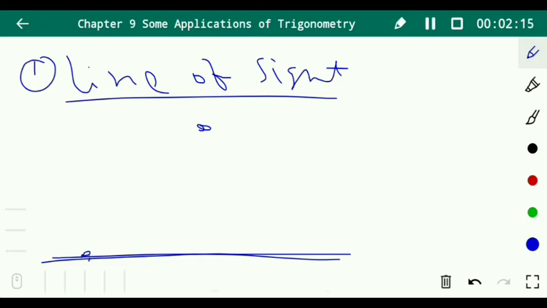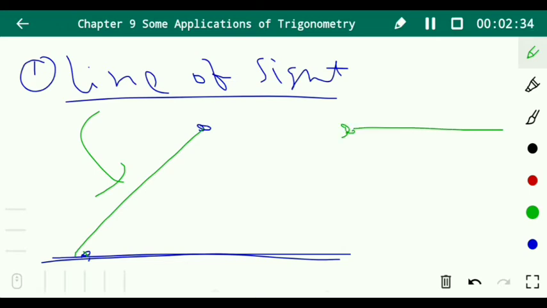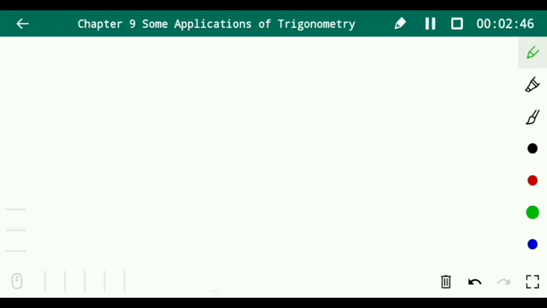In this case, the line from the observer to the point viewed by the observer is known as the line of sight. Suppose the observer is on the top and the object is below the horizontal line, then in this case also it is known as line of sight. Is it clear?